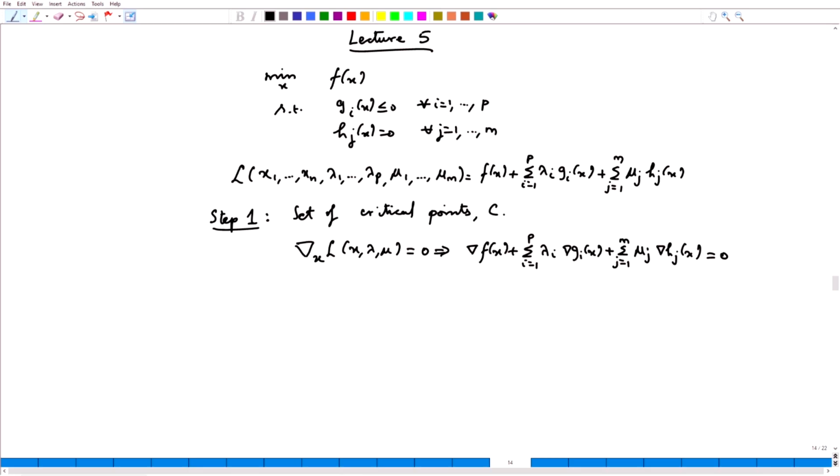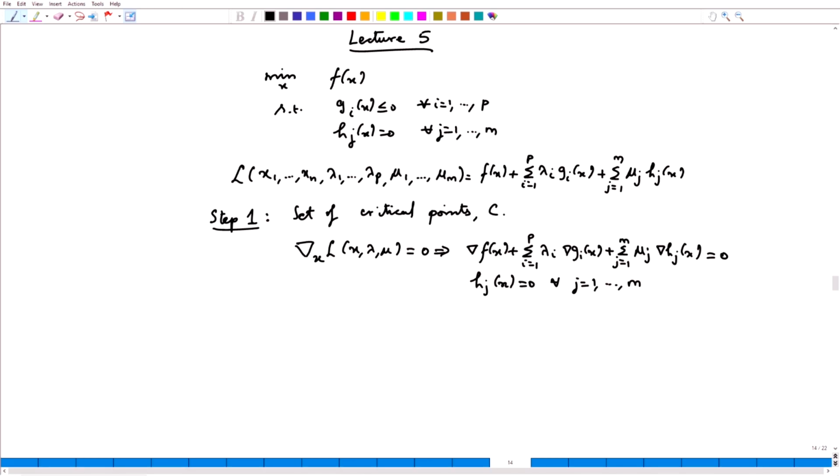Okay. But you have further constraints to be satisfied. So, the x that you give must satisfy this constraint h j of x equal to 0 for all j equal to 1 to m, of course. If the constraints are not satisfied, then the point that you have constructed is not in the constraint set, right.